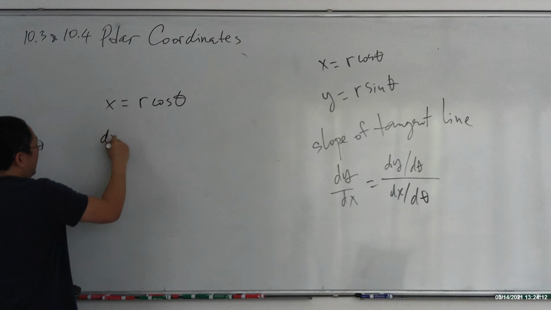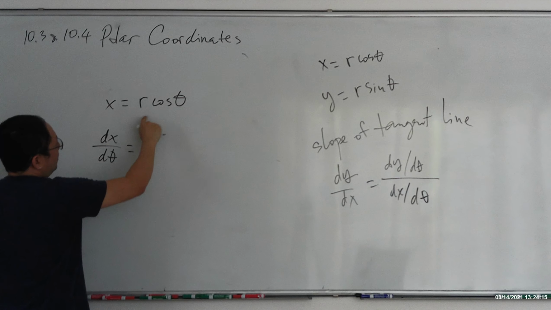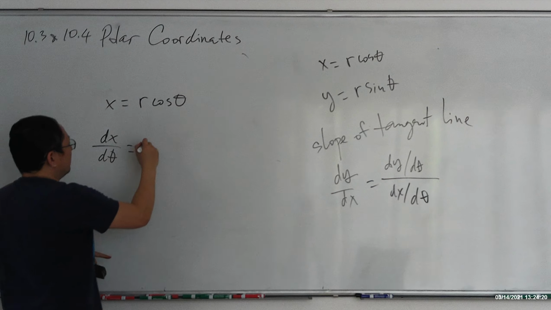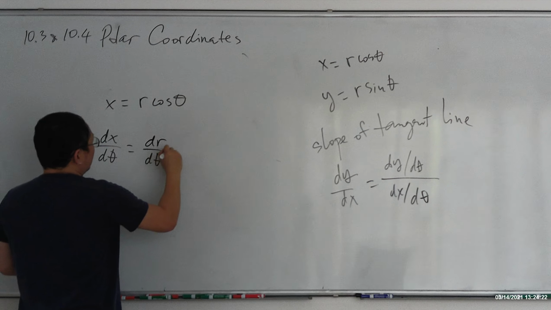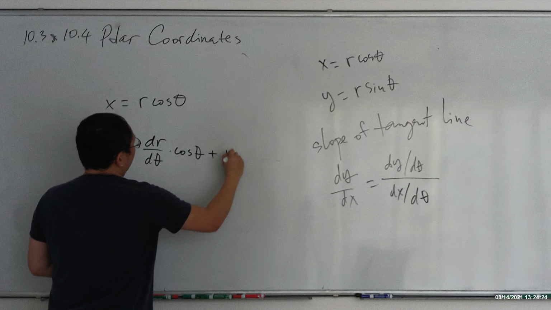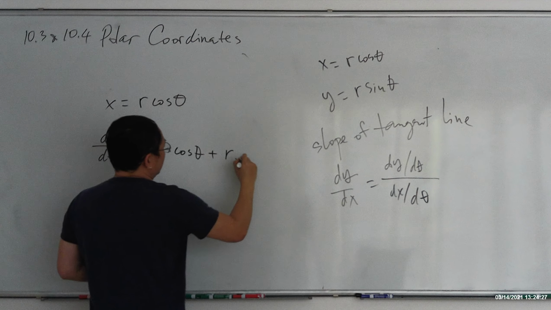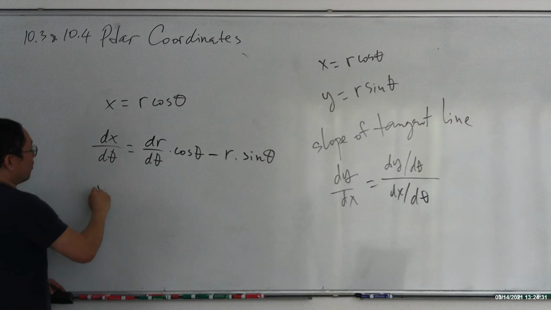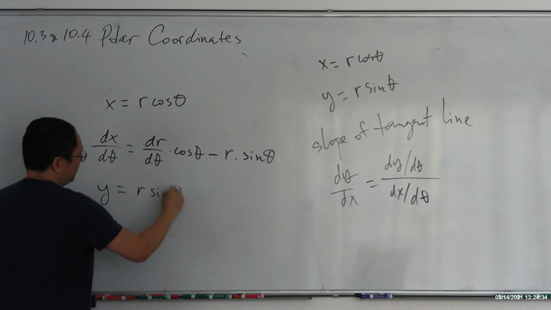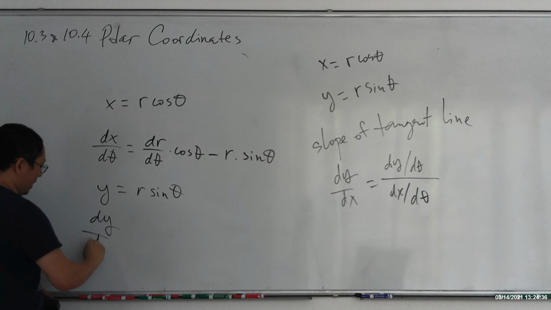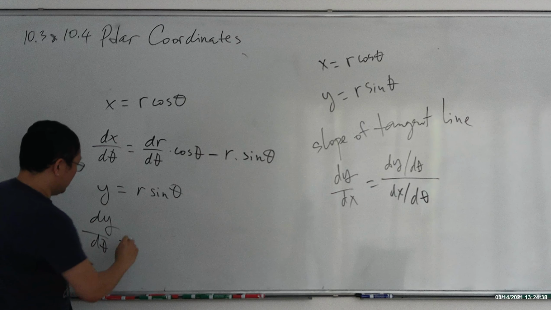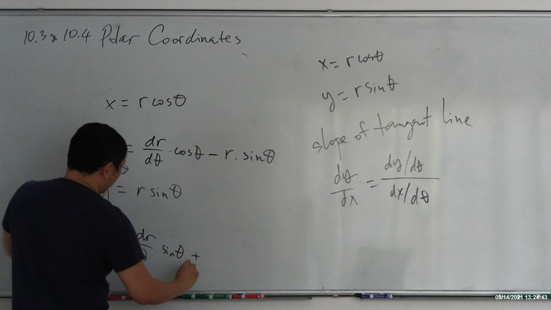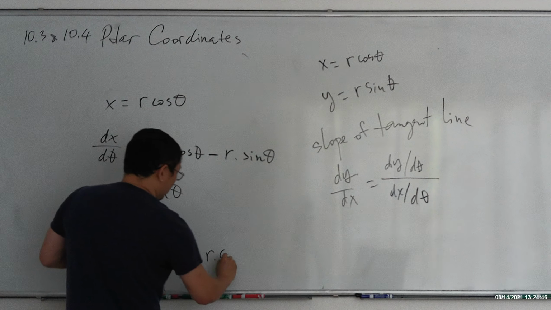So dx over d theta equals, now we have to use the product rule, of r times cosine theta, so dr over d theta times cosine theta plus r times the derivative of cosine, which is negative sine theta. y is r sine theta, so dy over d theta is dr over d theta times sine theta plus r times the derivative of sine, which is cosine theta.